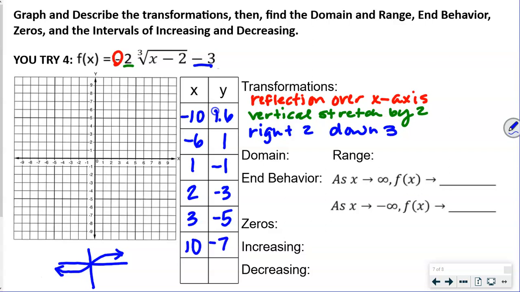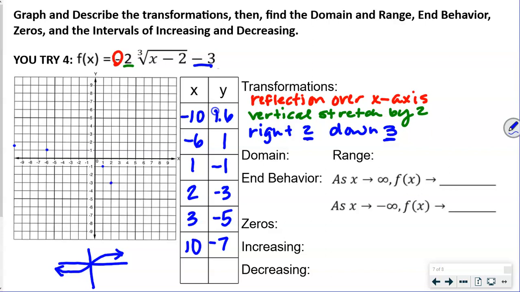So we've got -10, 1.6. So that's, say it's about there. And then at -6, we had 1. At 1, we had -1 right there. And remember, this should be our transition point right here. 2, -3, that's where it would be right there.